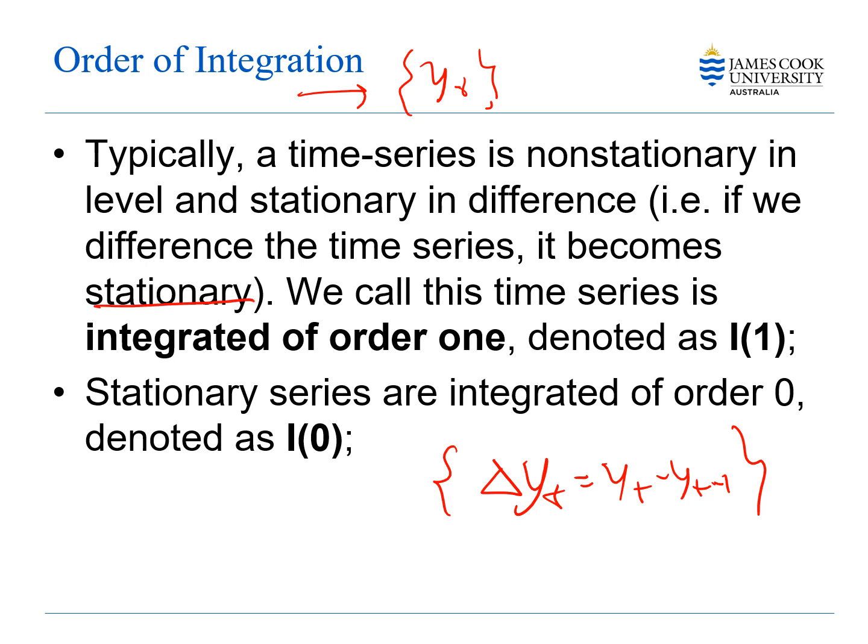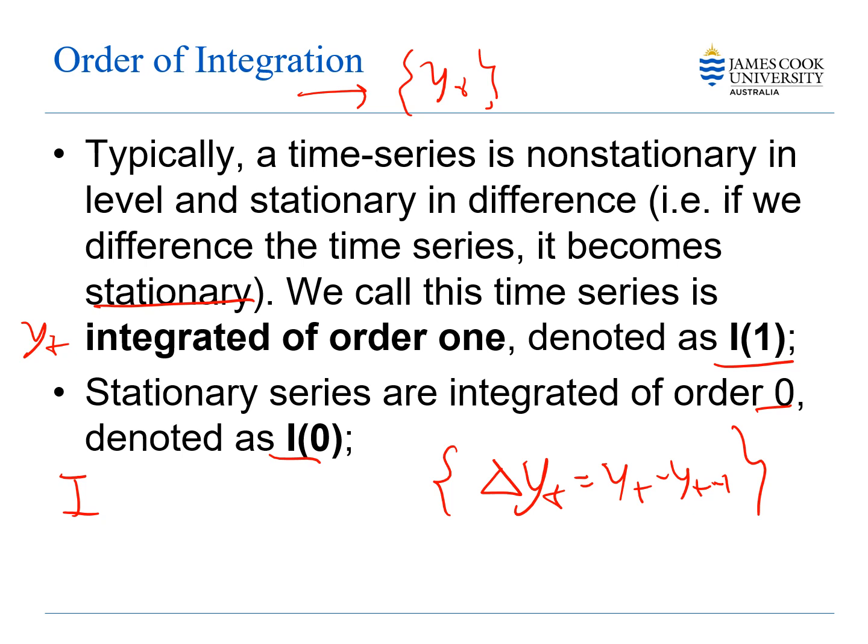In these cases, we call yt integrated, integrated of order 1, denoted as I(1). If yt is already stationary in levels, then we say that yt is integrated of order 0, or I(0). So we have a process that could be I(0), stationary, or I(1), non-stationary in levels but stationary in first difference.